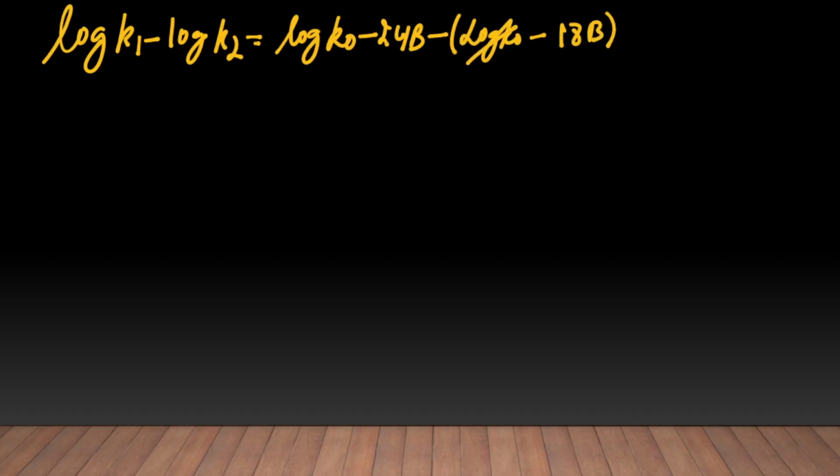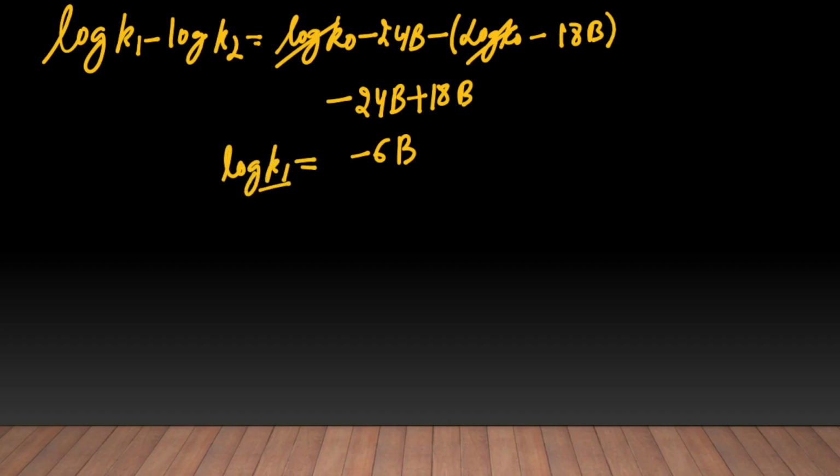So this log K0 gets cancelled out. It becomes minus 24b plus 18b, that means it becomes minus 6b. So this is the value of log of K1 upon K2, and this is the answer we will be getting.